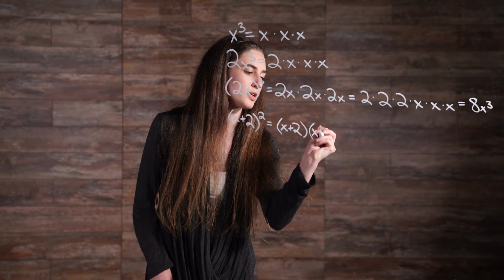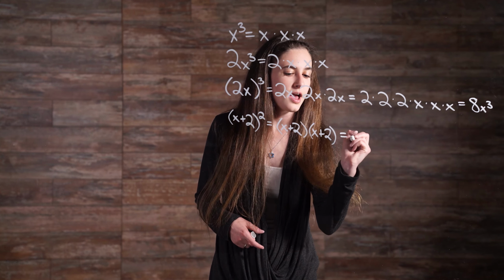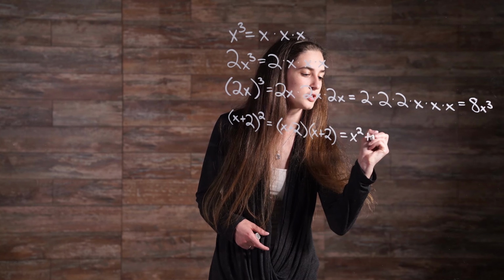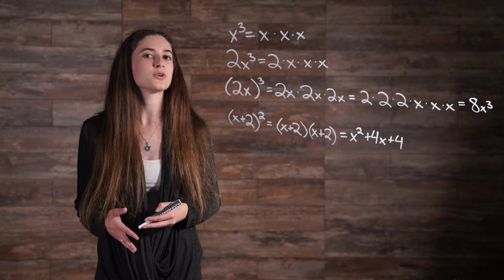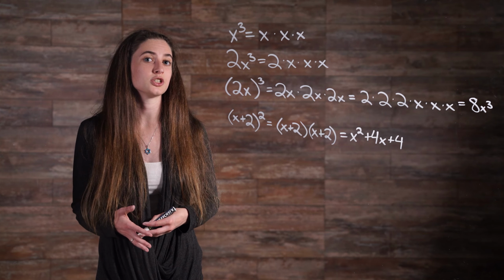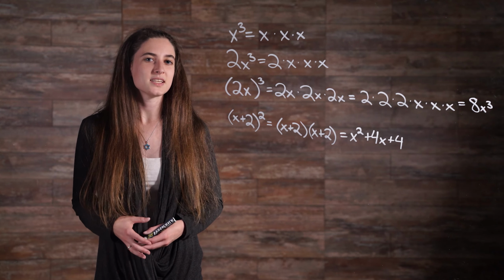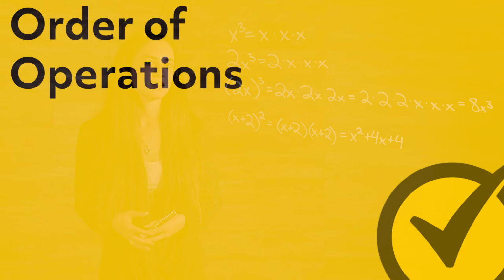Multiplying these two binomial expressions results in the quadratic expression x squared plus 4x plus 4. So, as long as you can identify the base, the multiplication of that base by itself becomes pretty straightforward. As mentioned, the interpretation of notation in math is half the battle. Practicing the basics is key in order to gain confidence for more complicated math content.